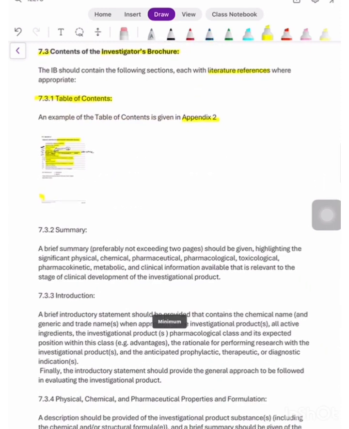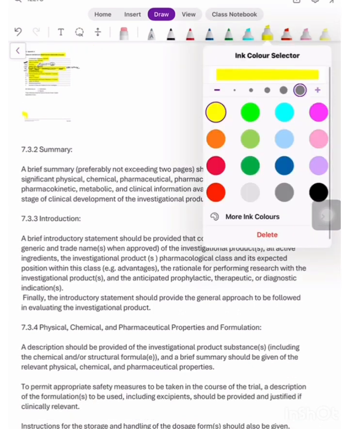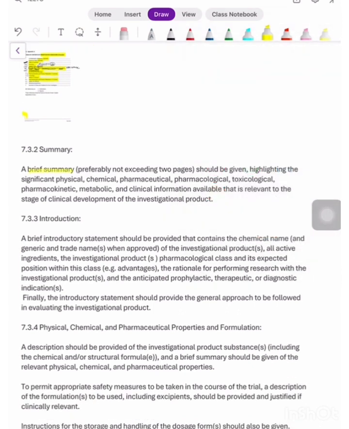So first we are going to start with the summary part of it. What does the summary have? The summary is a brief summary, preferably not exceeding 2 pages. So it should not exceed 2 pages. It should be given highlighting the significant physical, chemical, pharmaceutical, pharmacological, toxicological, pharmacokinetic, metabolic, clinical information available that is relevant to the stage of clinical development of the investigational product.